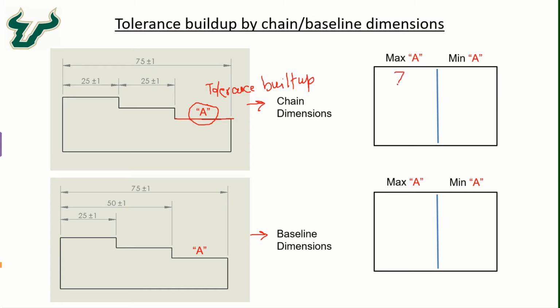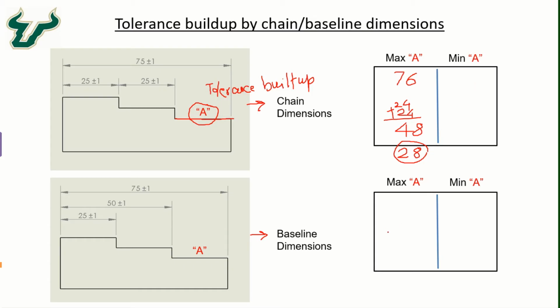So it will be 76 as the maximum overall dimension, and the minimum inner dimensions could be 24 and 24. That will make it 48, right? So if we subtract 48 from 76, we get the value of 28. So 28 could be the maximum possible value of A if we are using the chain dimension scheme.